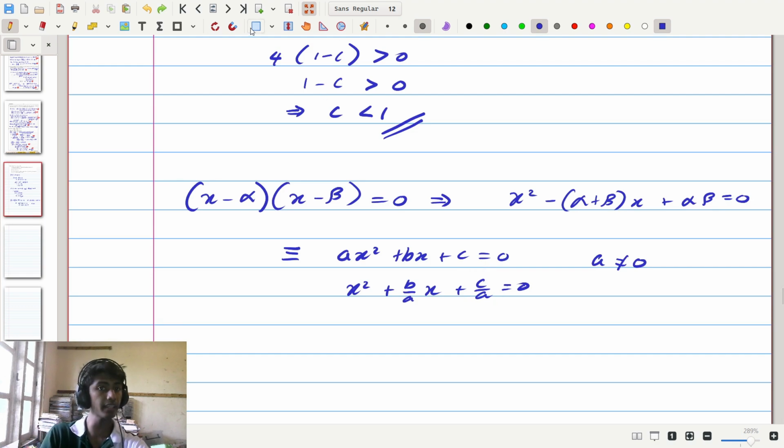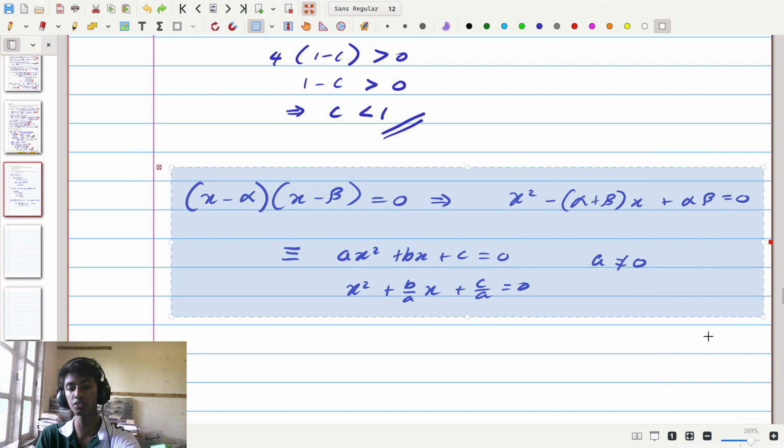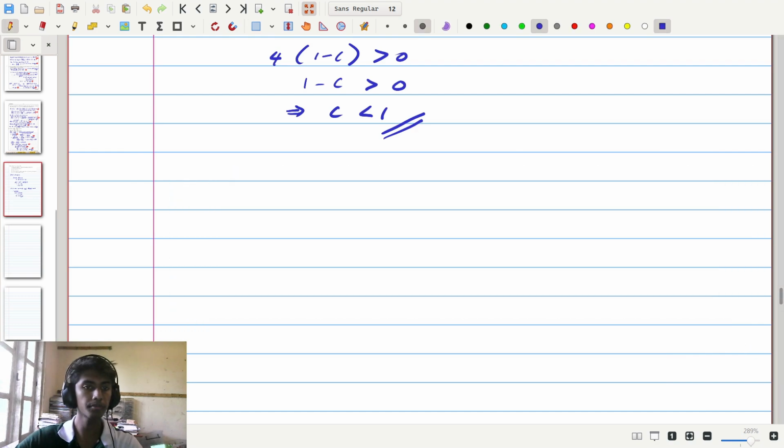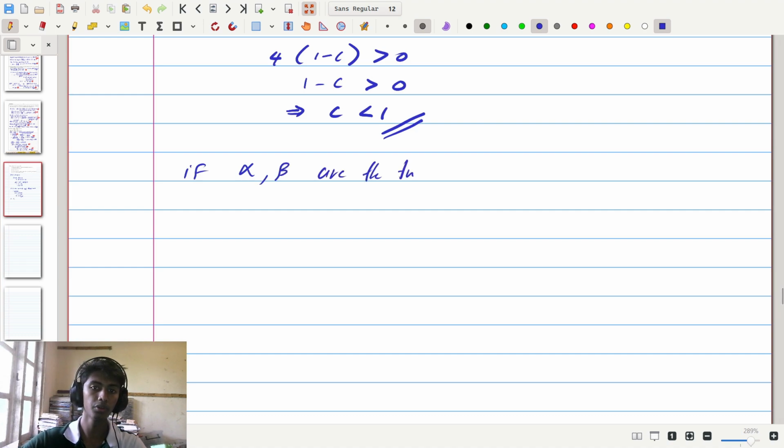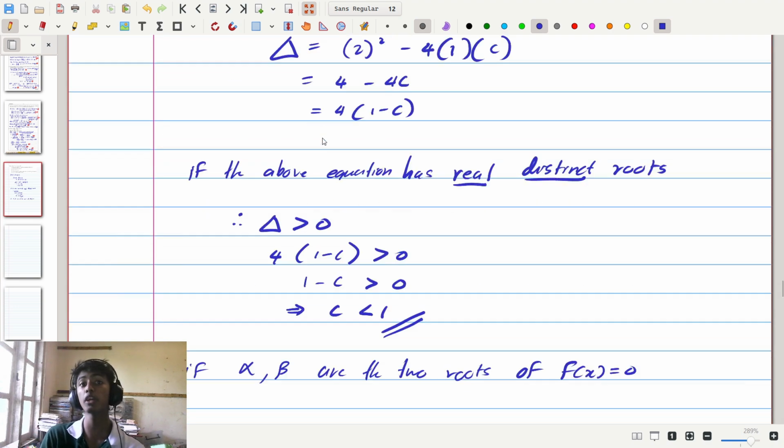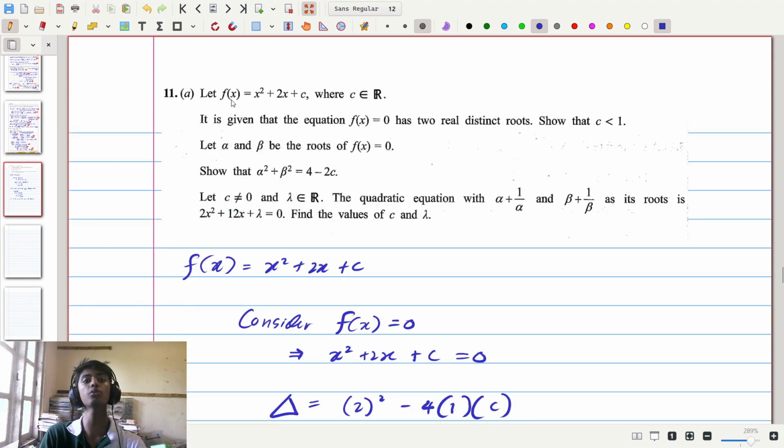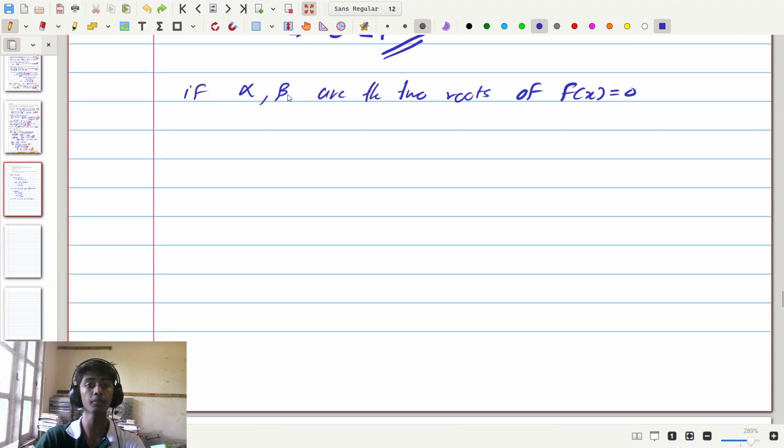So we can apply that theory here and say if alpha, beta are the two roots of f(x) equals 0, i.e. x squared plus 2x plus c equals 0, then we can say alpha plus beta is equal to something and alpha beta is equal to something.